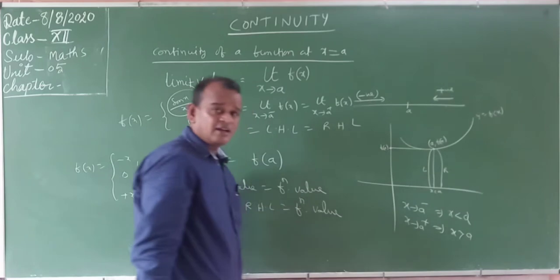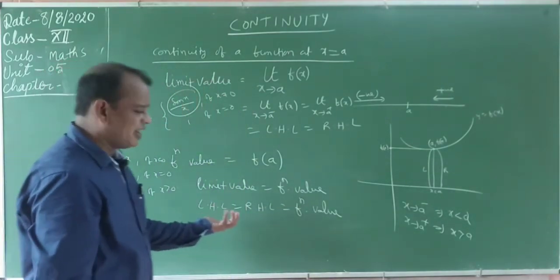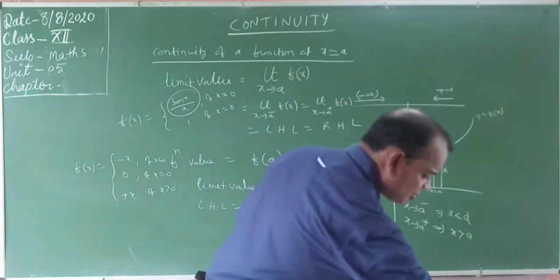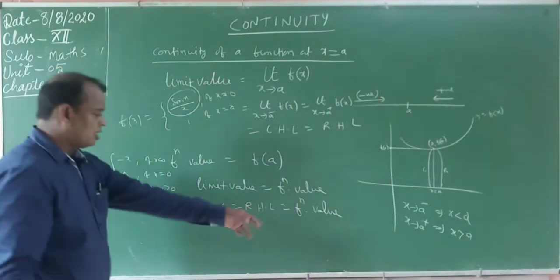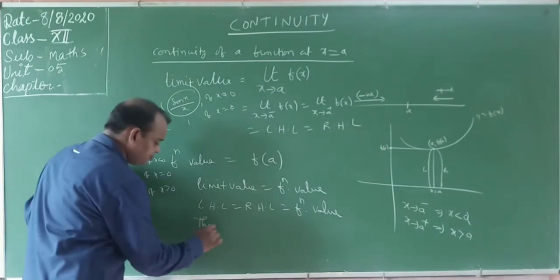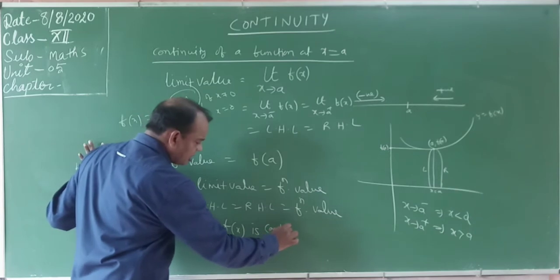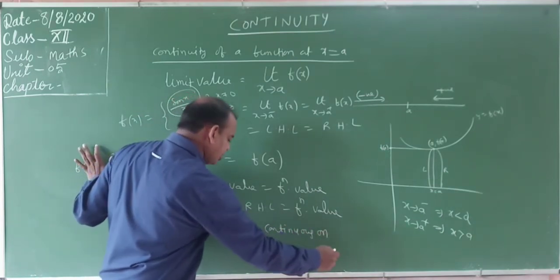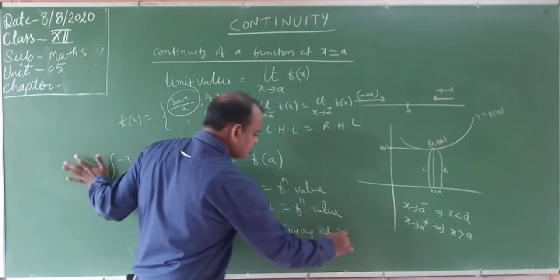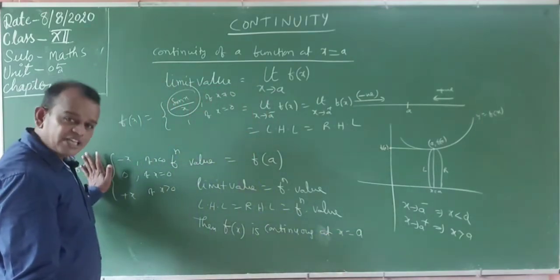No doubt at all, yeah. Remember, if the limit value is equal to the function value, that is, LHL equal to RHL equal to the function value, then f of x is continuous at x is equal to a. Say yes or no?